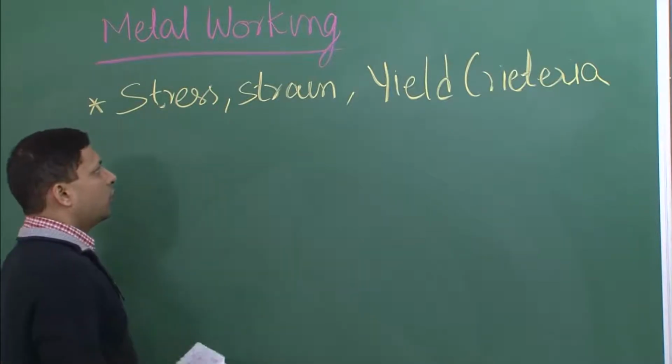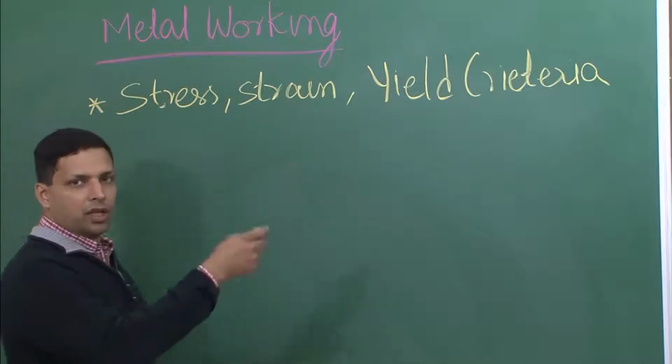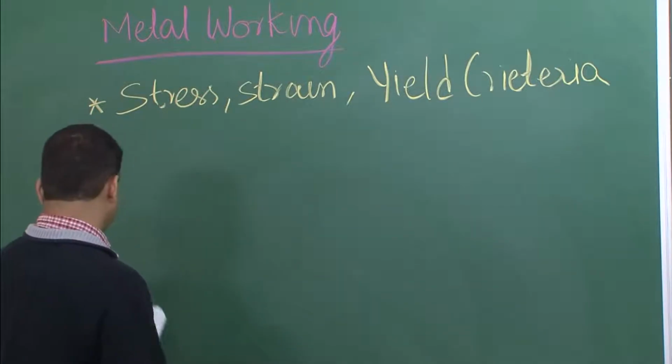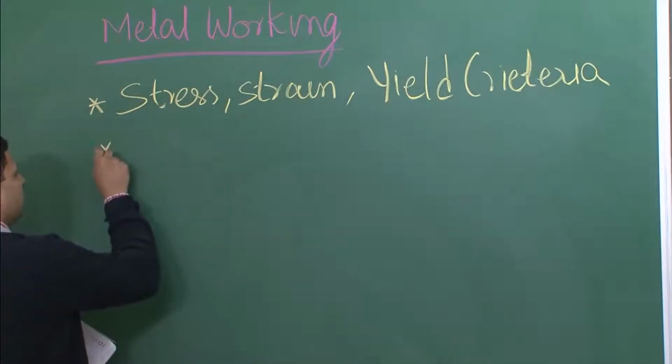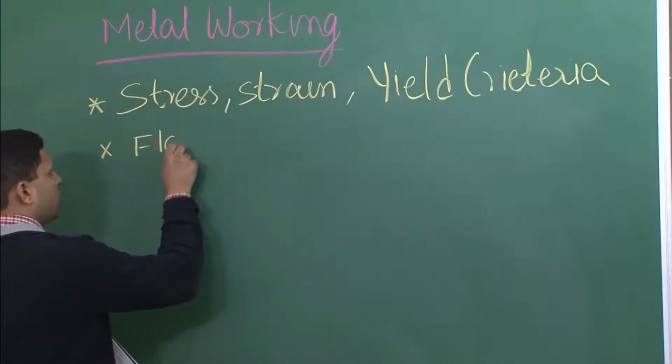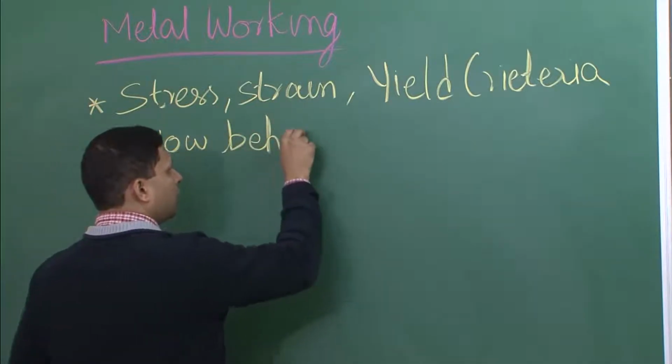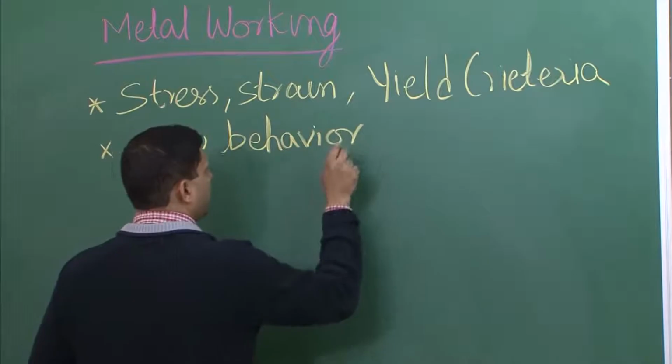Therefore, when we take a look at stress strain, we will extend it further to understand yield criteria. Then we will move on to understand flow behavior, again related to stress strain and related to yield criteria.